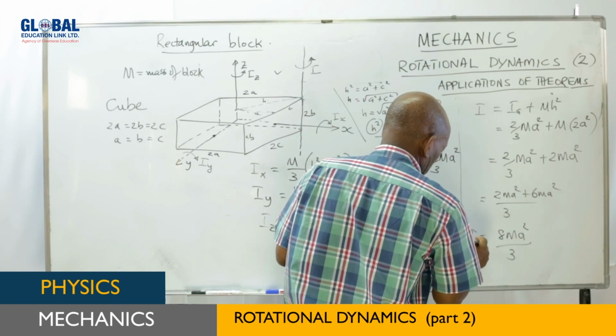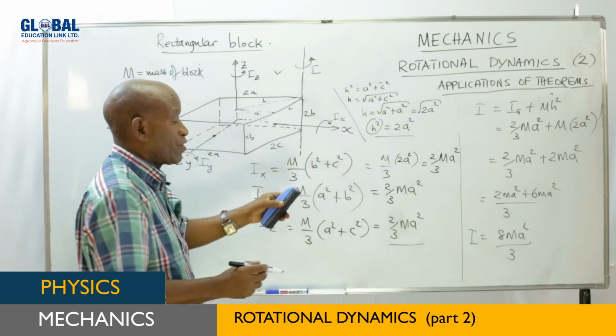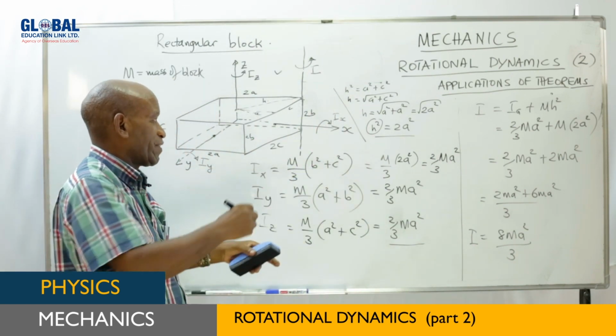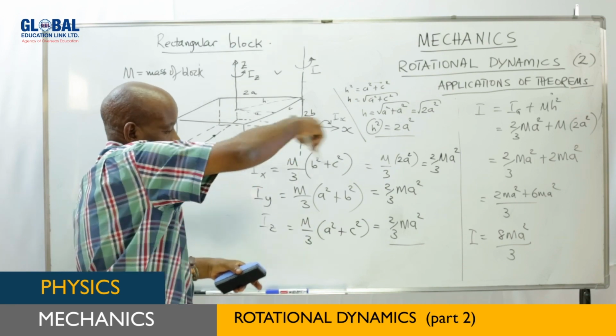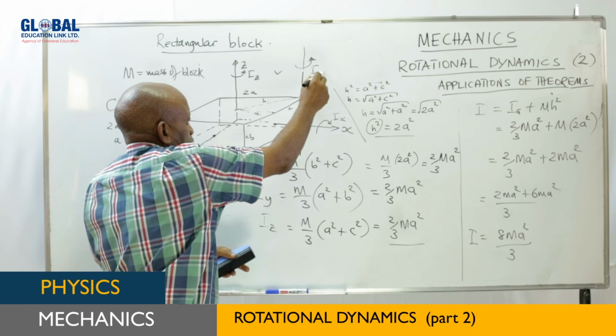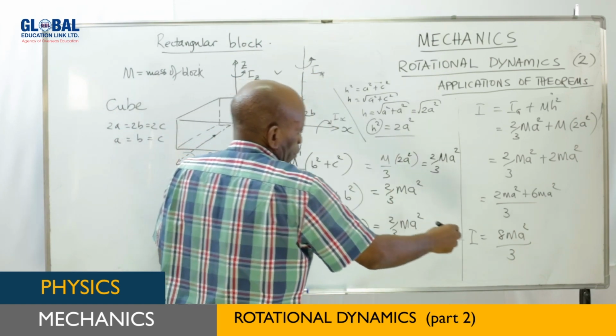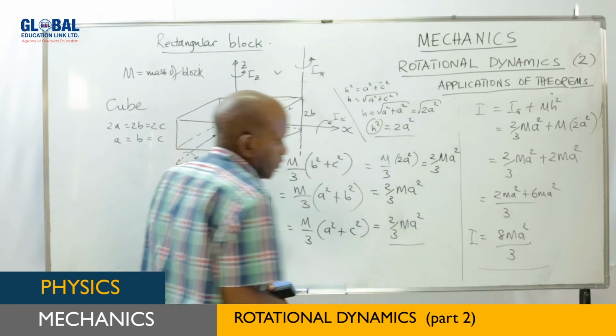So this will be the moment of inertia about this particular axis, which is passing at the edge, such that whenever you're rotating a cube about this particular axis, its moment of inertia will be equal to this much.